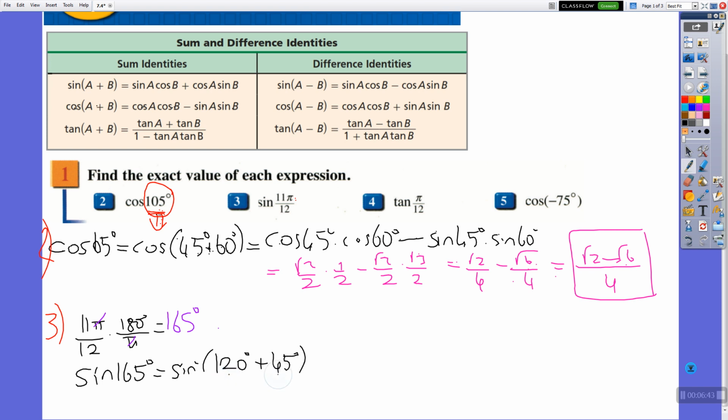These two angles should be either special angles or angles whose reference angle is a special angle. 45 is special. You may say that 120 is not special, but its reference angle is special, so you can proceed. The expansion for sine of an angle plus another angle is sine times cosine together plus sine times cosine. So sine 120 times cosine 45 plus, you have addition here.